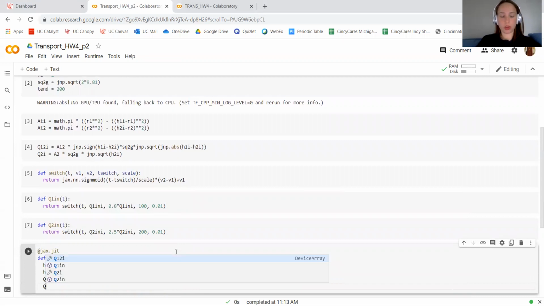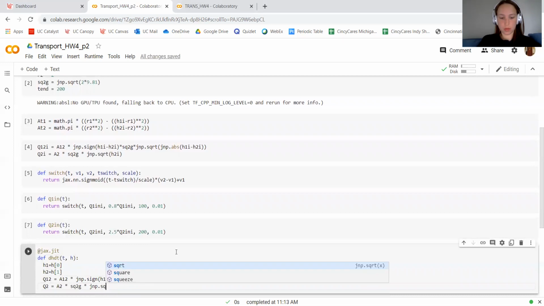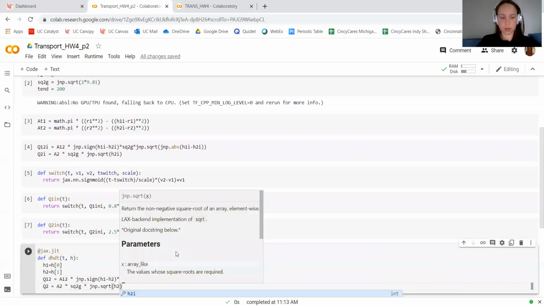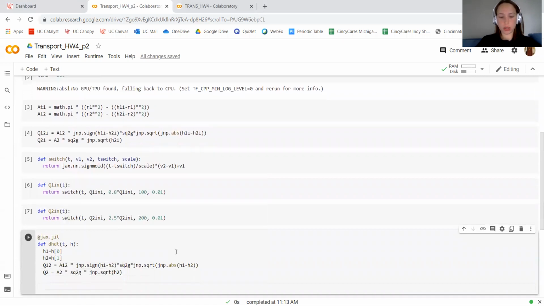And we can do the same thing for Q2. And then we want it to return an array.